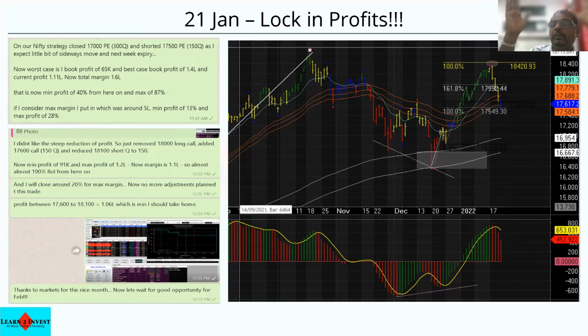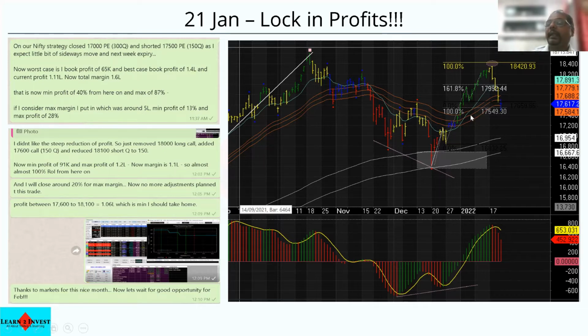Now I have reduced the position from 300 quantity, 4 lots, to 2 lots, and I have booked most of my profit. As I stand now, my minimum profit can be, sorry, not 51,000, 91,000, and maximum profit can be 1.21 lakhs. I cannot lose this trade anymore.